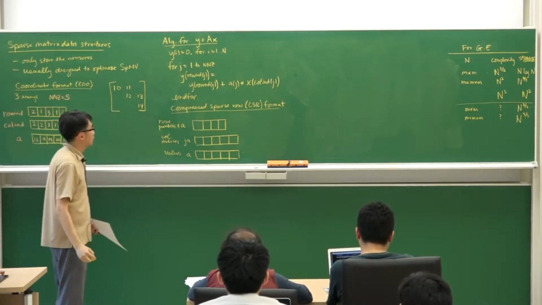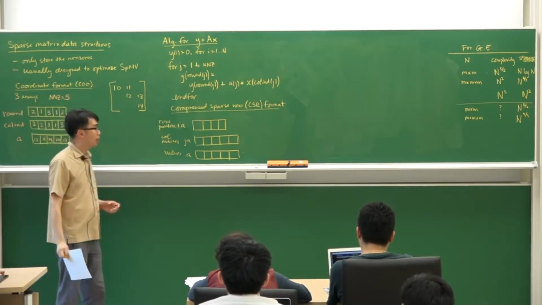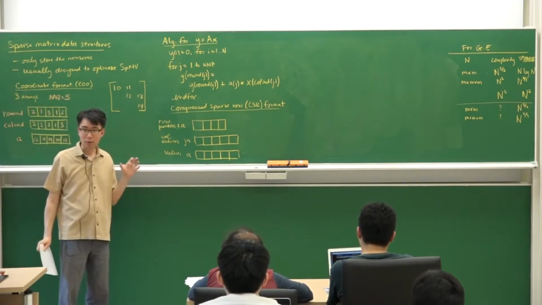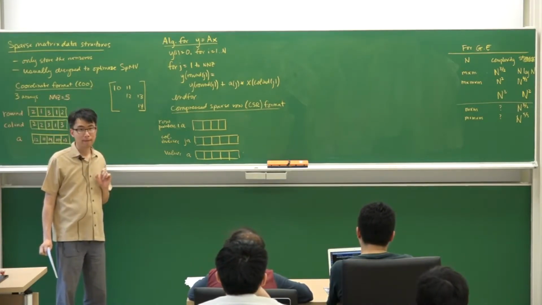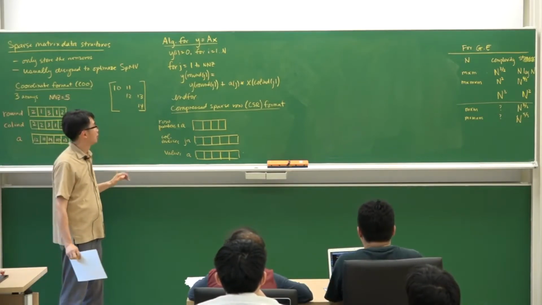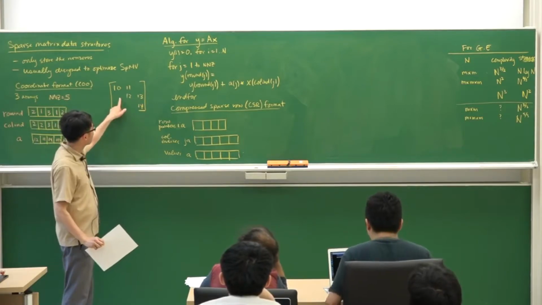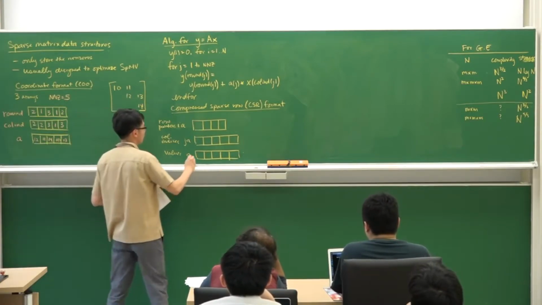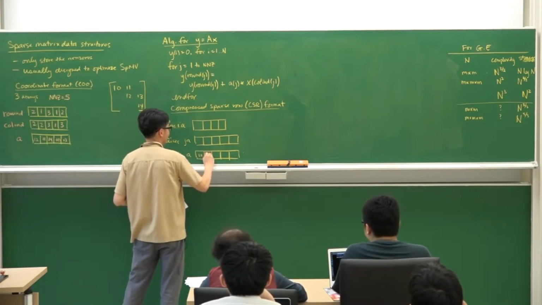Okay. In compressed sparse row format, all of the entries in a row are stored together. So the matrix is stored row by row together. So for this example, the first row is 10, 11. I'm going to store that together.